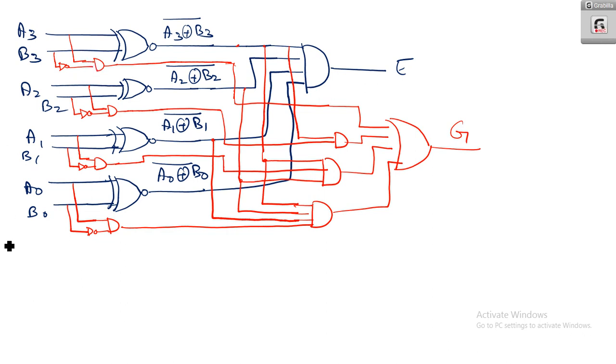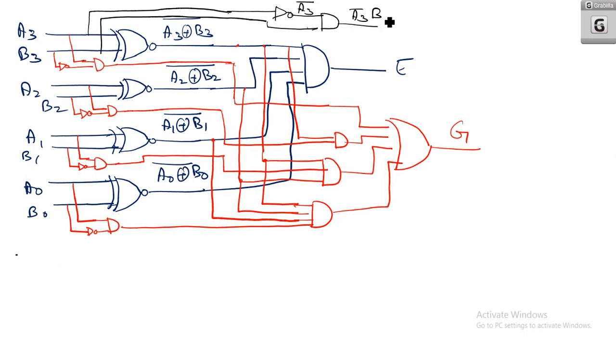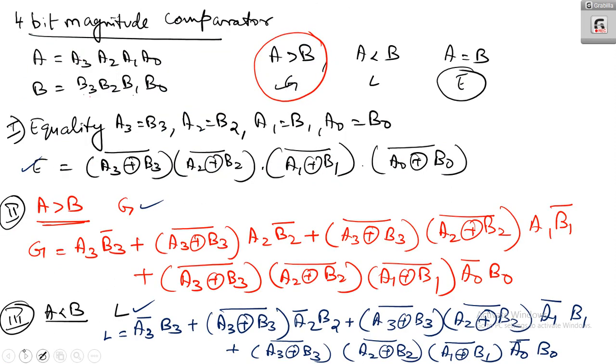Either we can take from this point or A3. This is A3 bar B3.